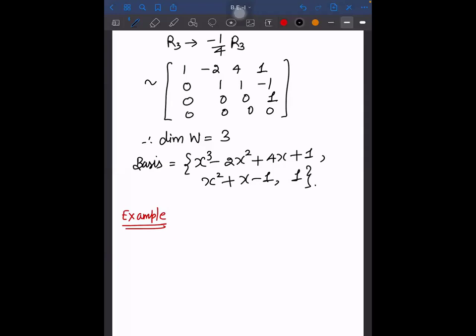Okay, so next we have V be a vector space of 2 cross 2 matrices, of course over reals.